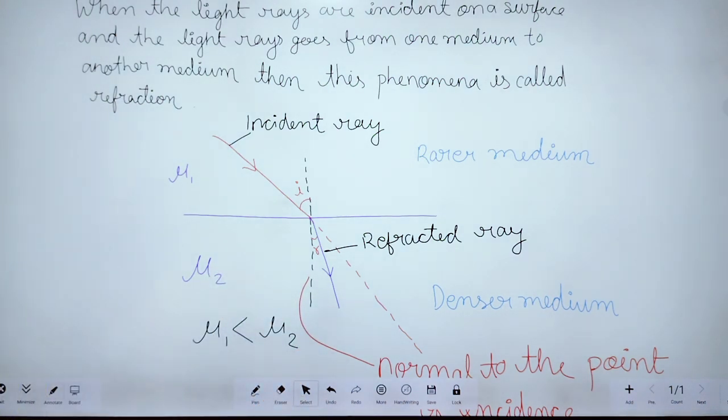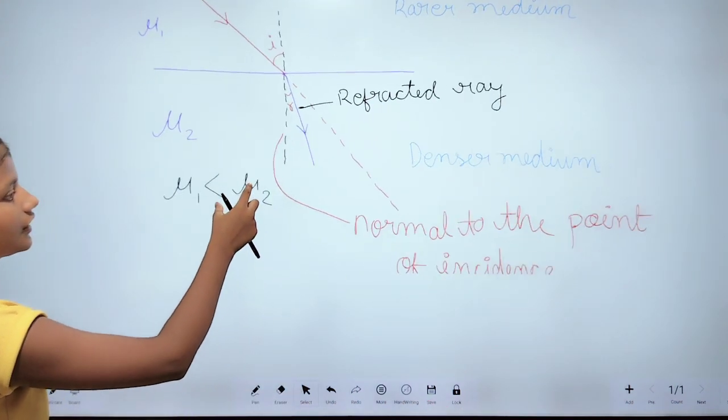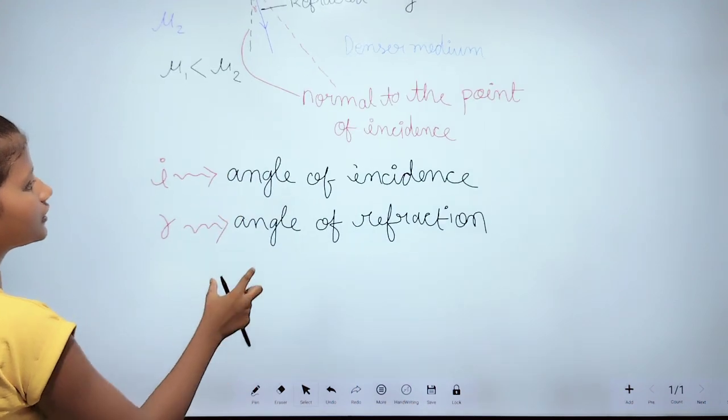Here mu1 and mu2 are our refractive indices. Indices is the plural form, and refractive index is the singular.